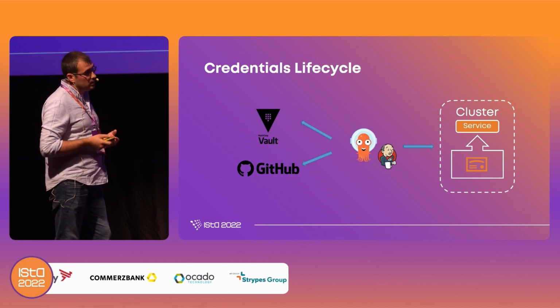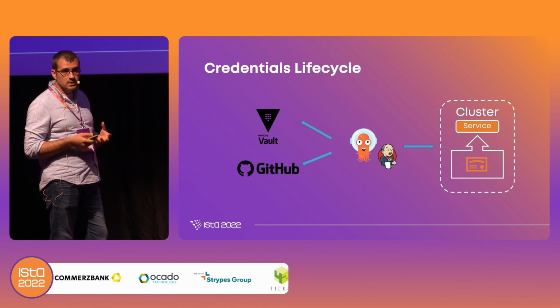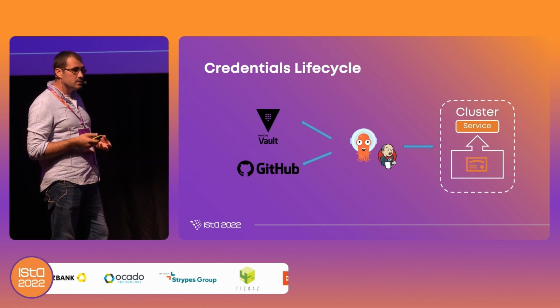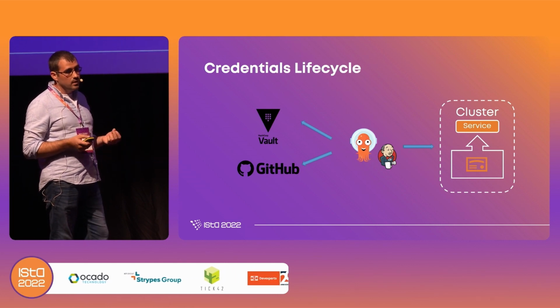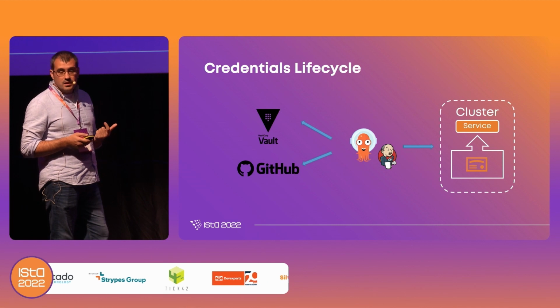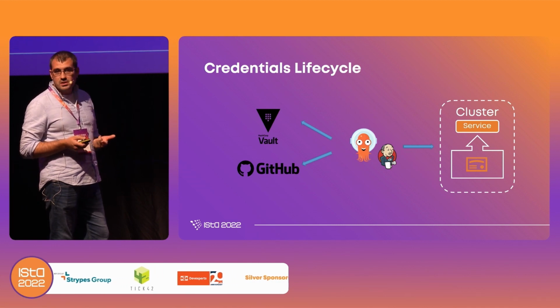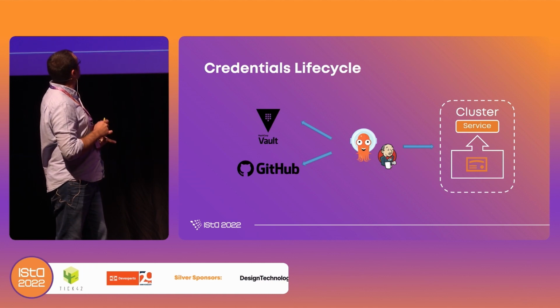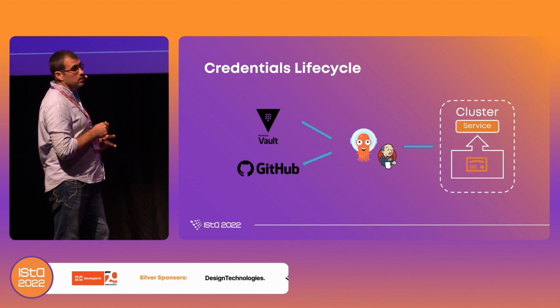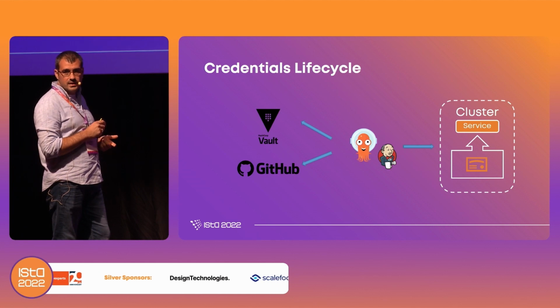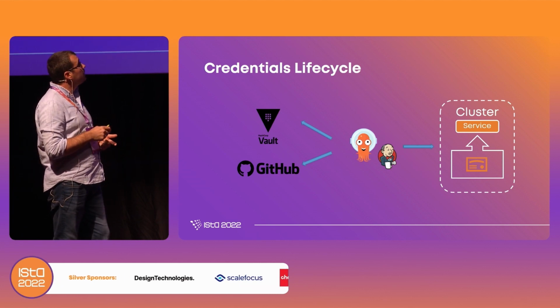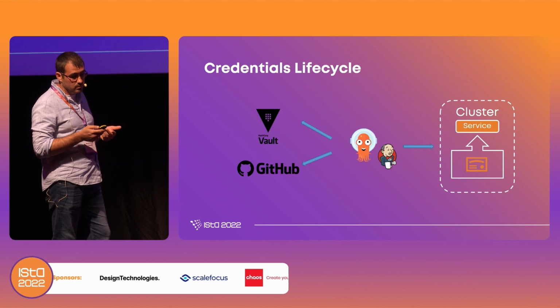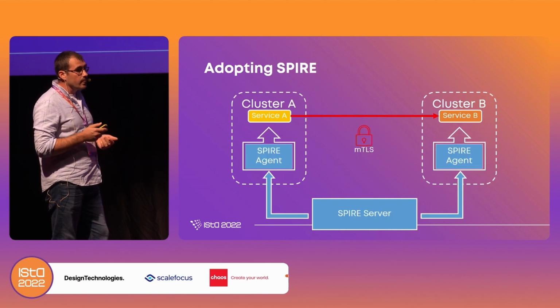There are some plugins for Vault that can help out here, but it's a tedious process and we need to take care of it. Also, from a security standpoint, it's not ideal because certificates are stored in multiple locations. We have them in Vault, which is secure, but what about our CI/CD system? Who has access to it and what happens there? And also the cluster, but either way, we need to be there.